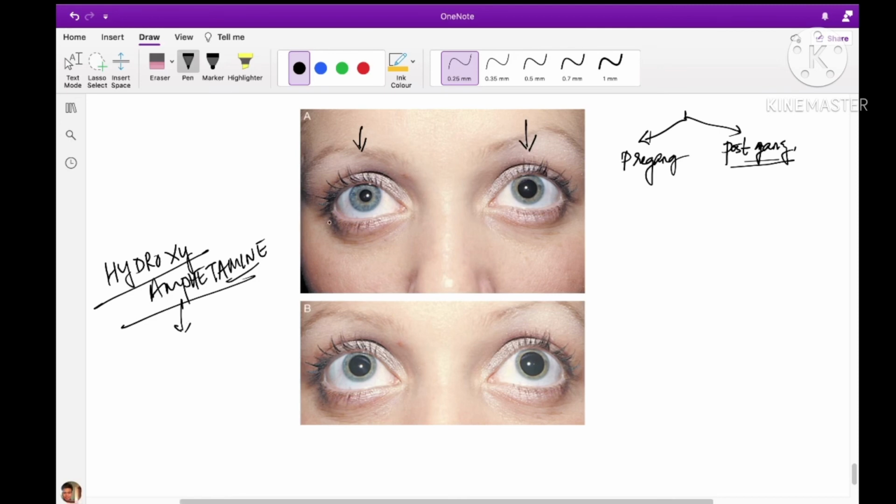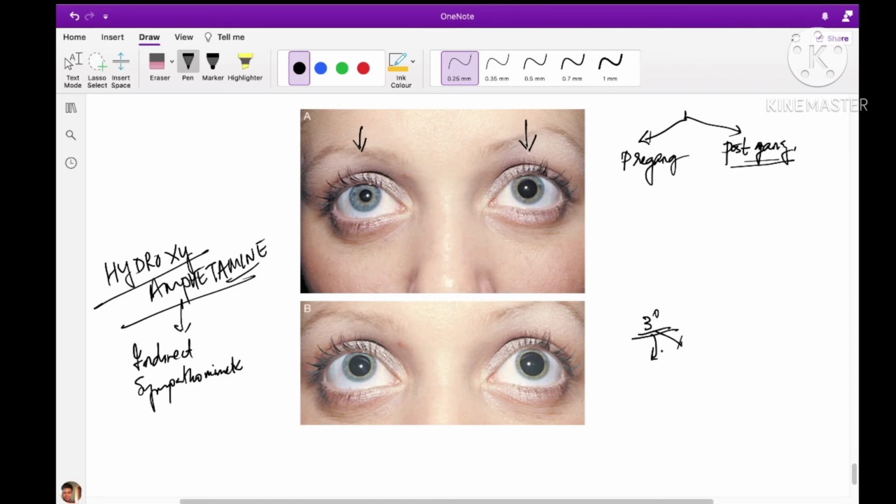Hydroxyamphetamine is also an indirect sympathomimetic. How does this act? It will cause the release of noradrenaline from the third order neurons, or the postganglionic neurons.